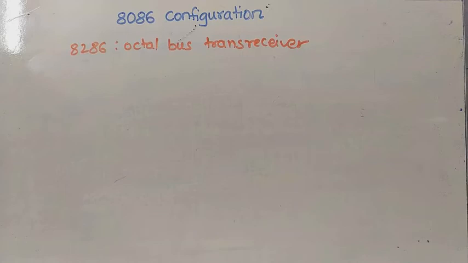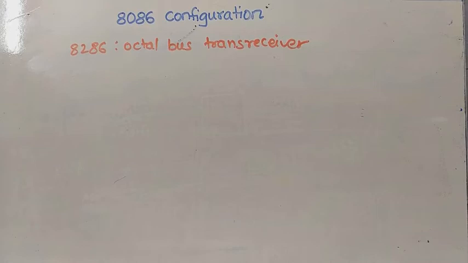Now the next component is the 8286 octal bus transceiver. This 8286 is an octal bus transceiver which is used for driving the 16-bit data bus from the multiplexed address data bus of the 8086 processor.